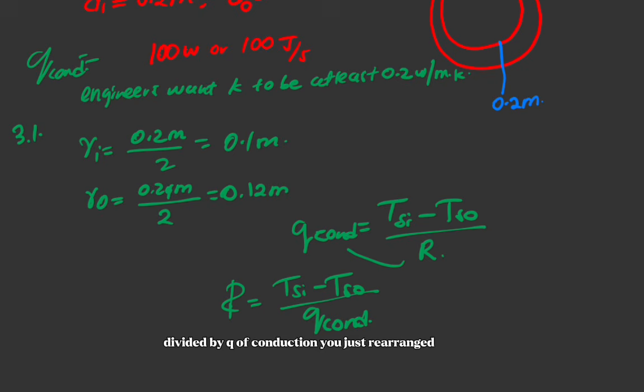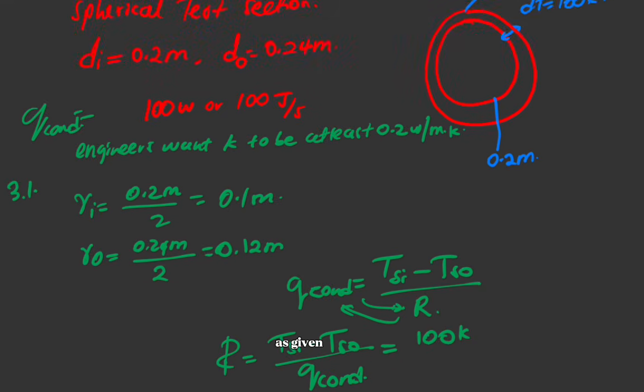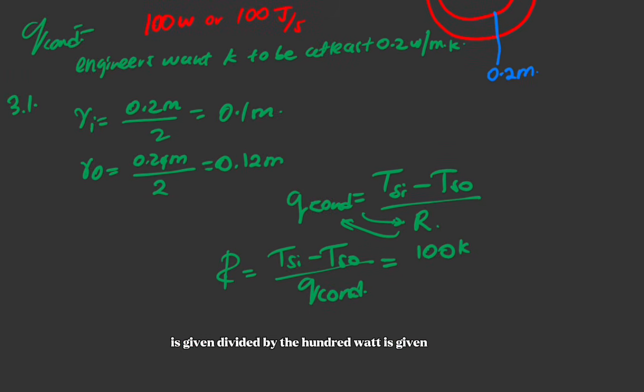You just rearrange. And then now you've got 100 for the temperature difference, it's given, divided by the 100 watt, which is given. And then it gives you 1 Kelvin per watt.